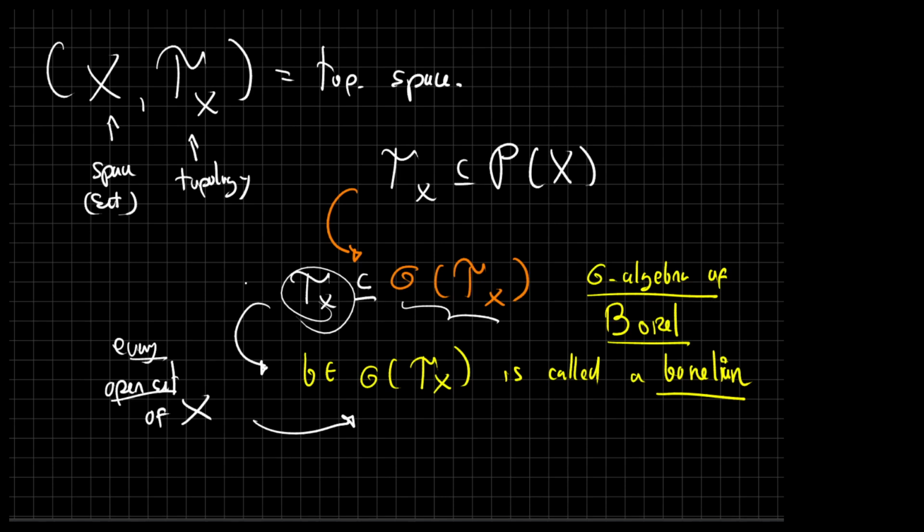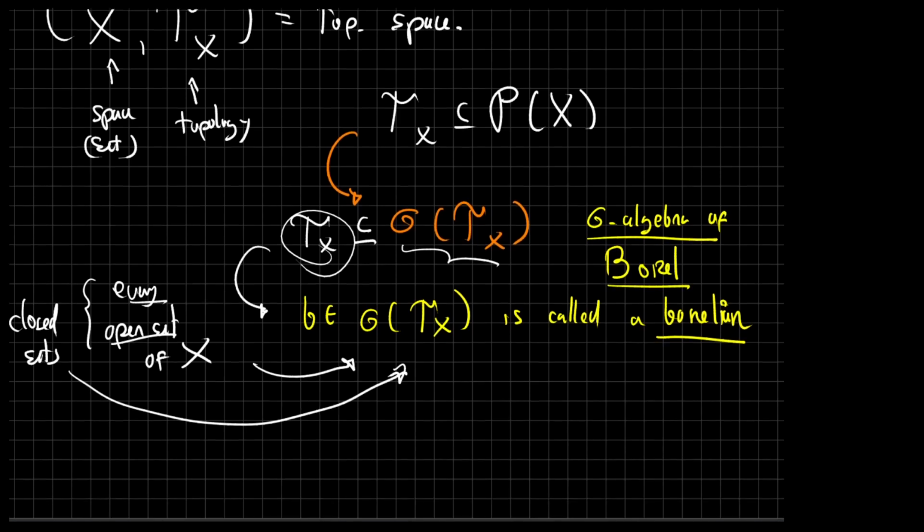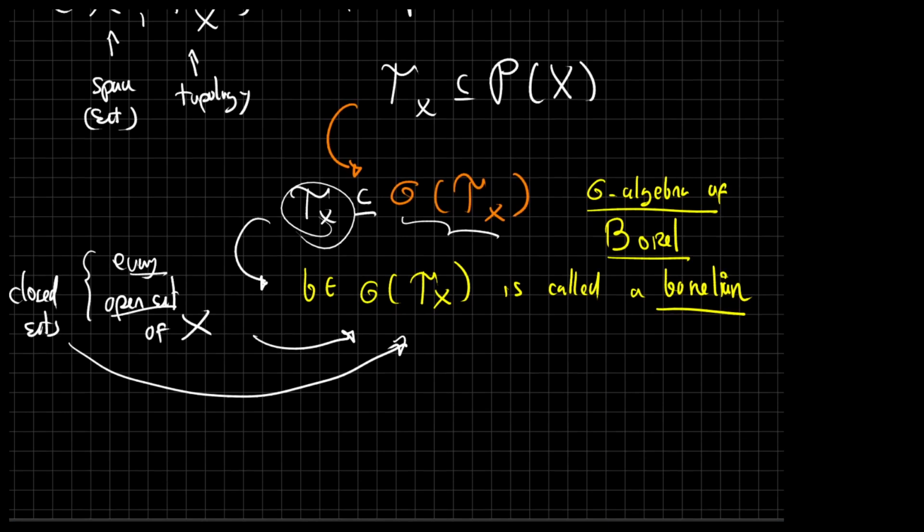You also know that sigma algebras are closed by complements, so all of the complements of the open sets, I mean the closed sets, are also in this sigma algebra by the property. So closed sets are also Borelians. So Borelians will be every open and every closed set.